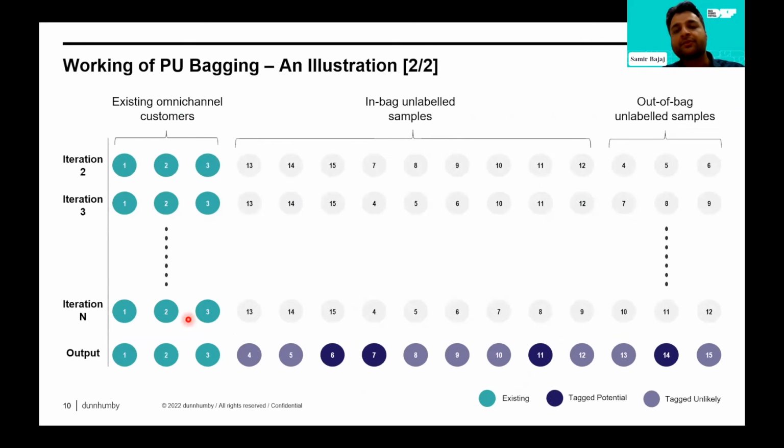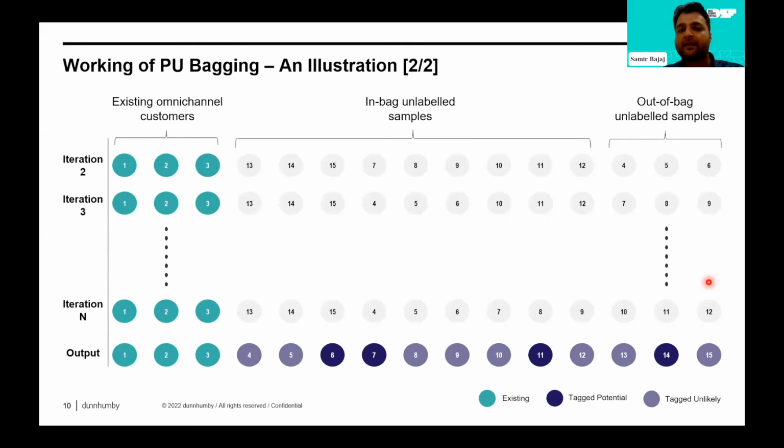In iteration 2, customers 4, 5, 6 will be kept out, and in the end we will get a probability for these customers as well. In iteration 3, customers 7, 8, 9 will be kept out, and we will get a probability for these customers as well. And so on till iteration 9, until we assign a probability to each and every unlabeled sample independently.